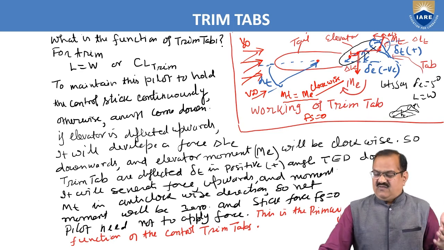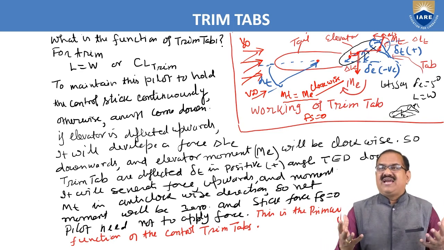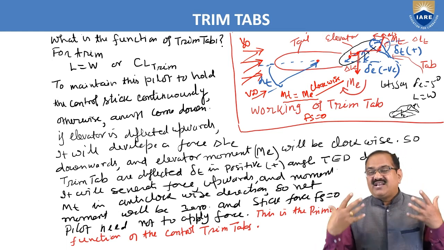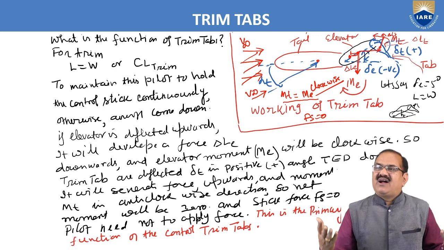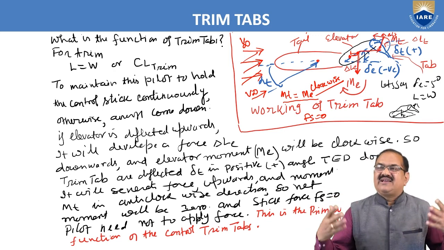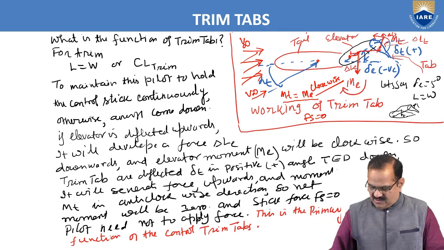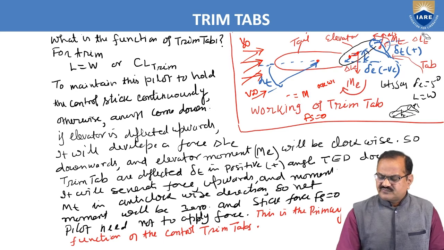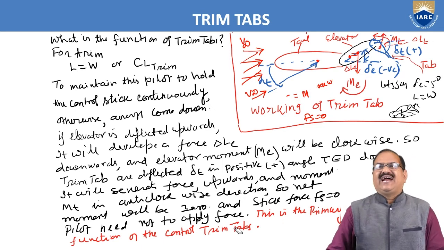Trim tabs are very essential to make the pilot relax. Otherwise, the pilot has to apply continuous forces and he will be tired, and the efficiency of the pilot will be reduced. To avoid this, we need to use the trim tabs.